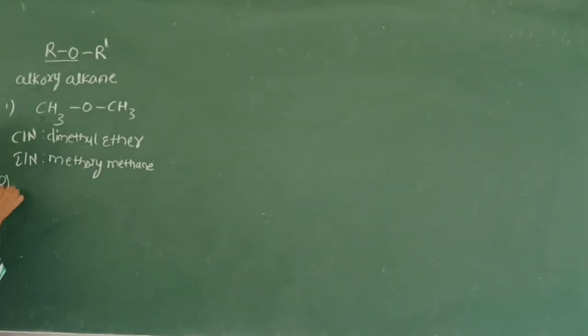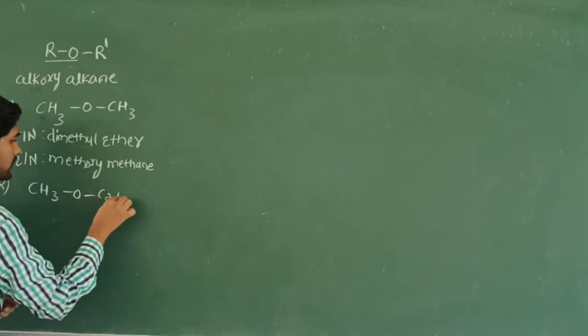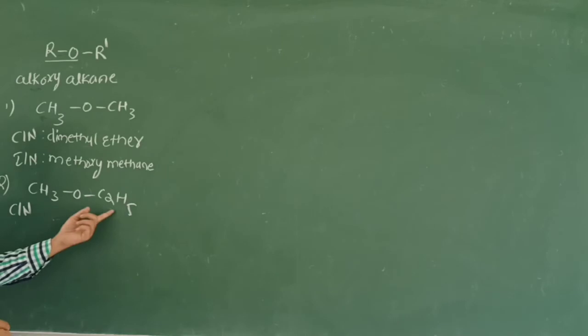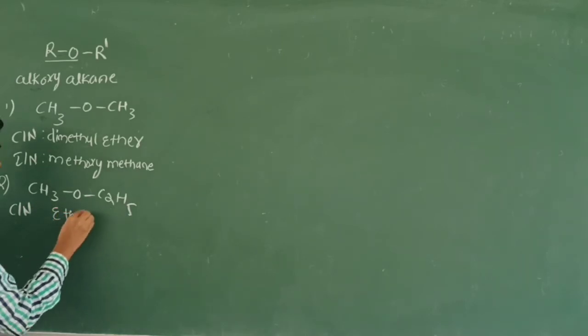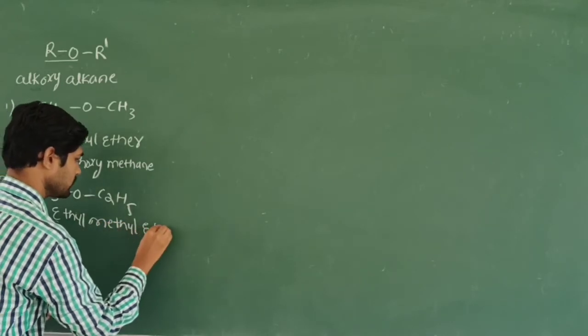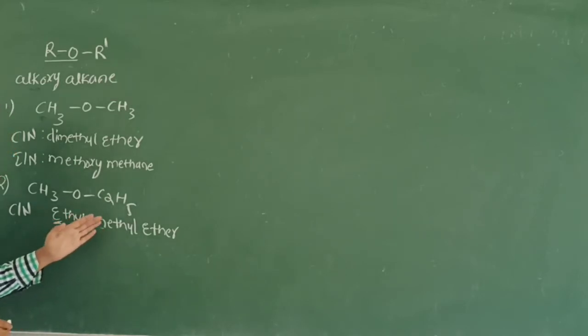Let's discuss the second one. CH3OC2H5. Here the common name is ethyl methyl ether. We should write ethyl first because of alphabetic order: the E letter comes first, later the M letter. That's why you should name it ethyl methyl ether.